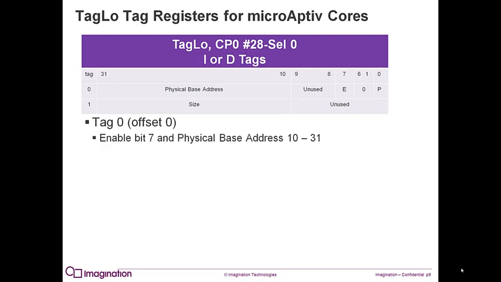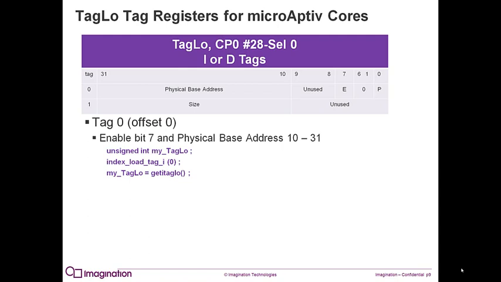Tag 0 contains the scratch pad enable bit, which must be set before you write or read data from the scratch pad block, and the physical address bits 10 through 31 of the scratch pad block. These address bits will be set on bring-up to the values that the core was configured to at build time. You may change this address to any that is aligned on a page size address.